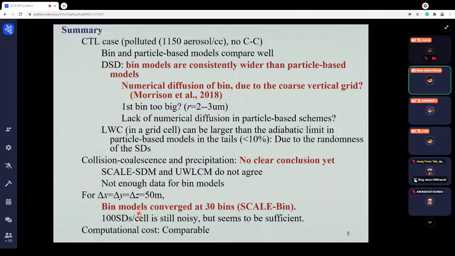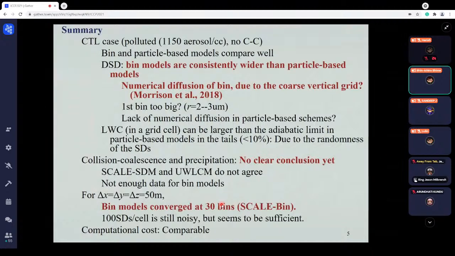And as I pointed out here, it seems for this grid resolution we tested, 30 beams or more would be sufficient for good numerical convergence in this direction, in beam direction, radius direction, or mass direction.